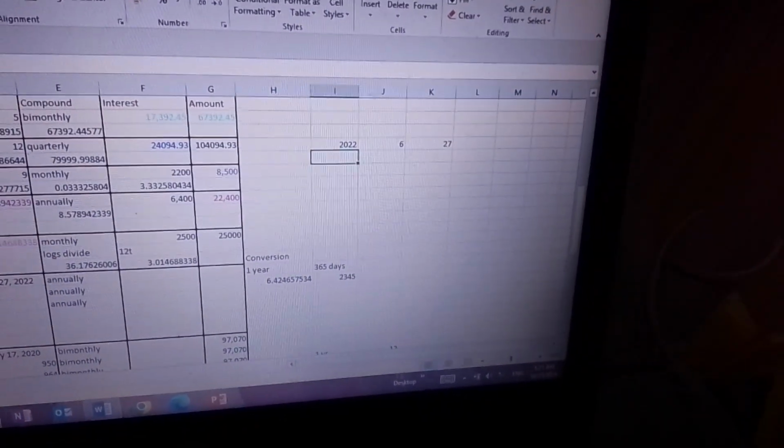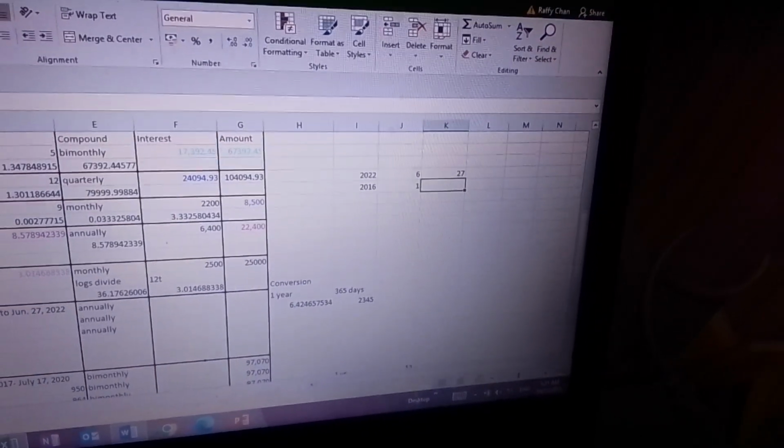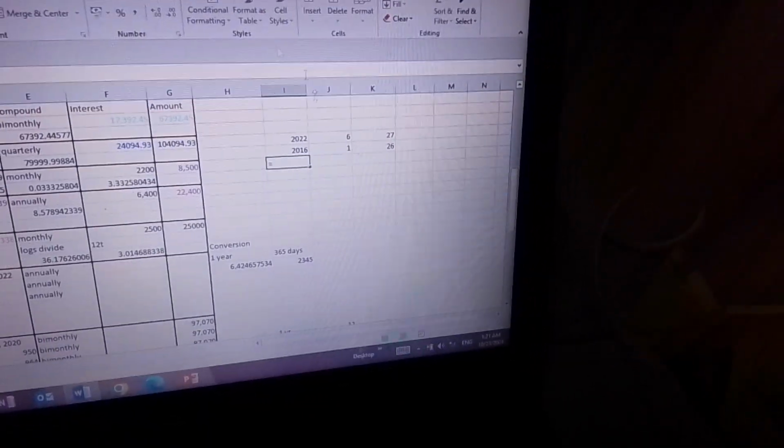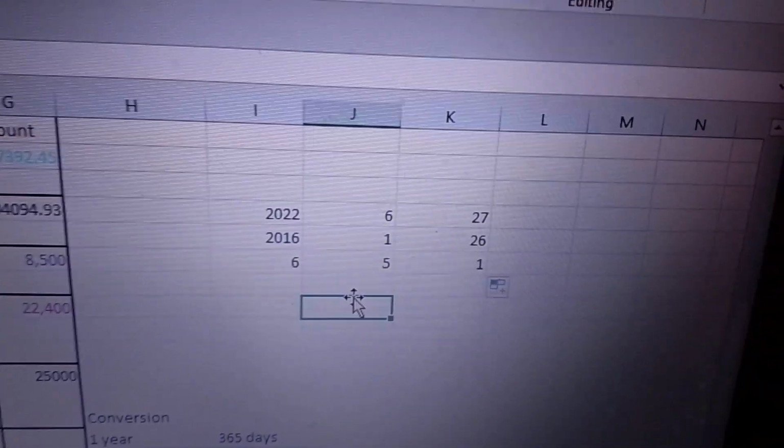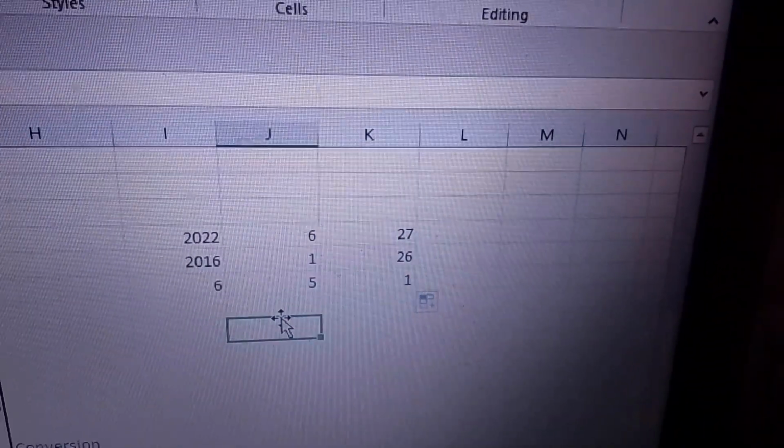Then minus the E1, 2016, January, and then 26. And then we do this subtraction. Then we shift this to the right, para ma-check this, ganon. And we should get 6 years, 5 months, and 1 day.